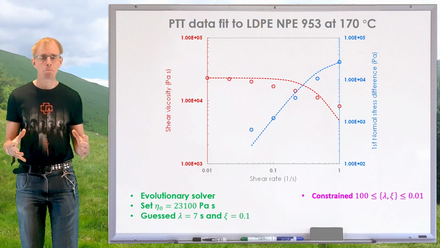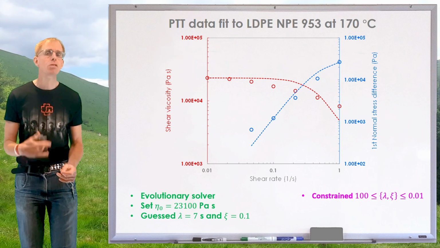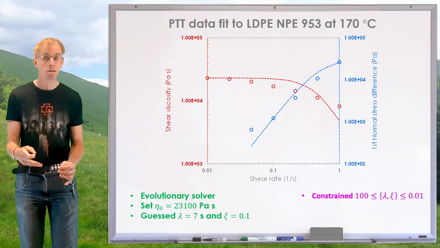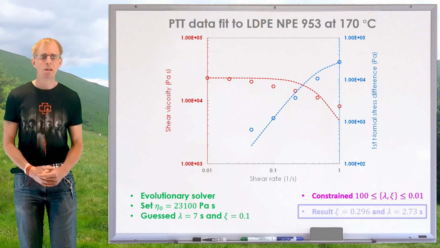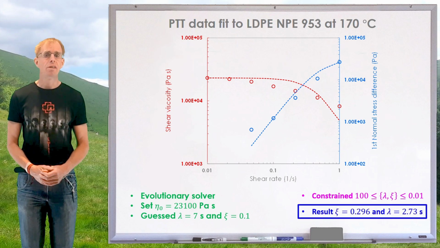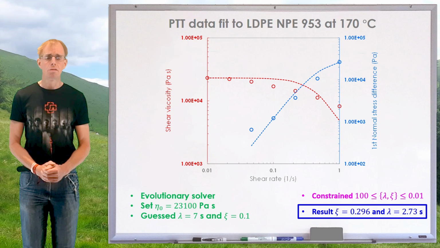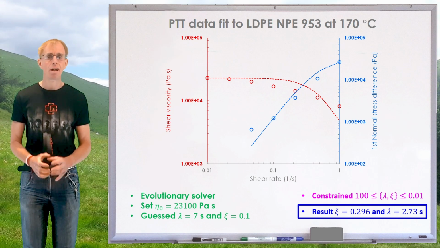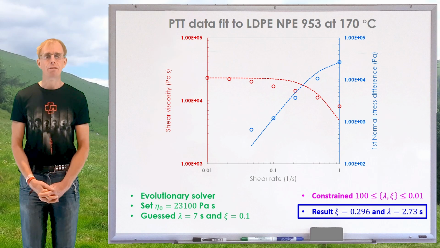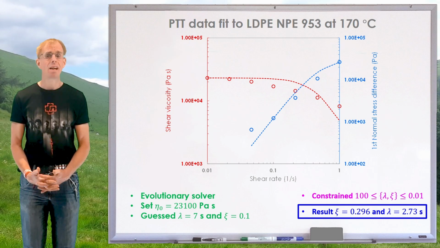Hopefully that gives a big enough search area, but one that can be searched within a reasonable enough time to get an answer. And within about a minute or so, we can find that the answer is that xi is about 0.296 and lambda is about 2.73, and that combination of parameters, along with eta 0 of 23,100 Pascal second, gives us the data fit that we see there on the board, which actually isn't too bad.